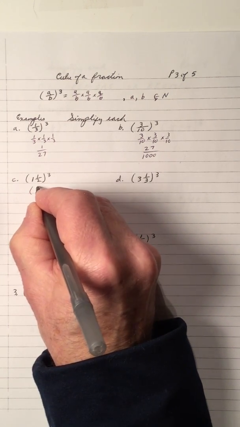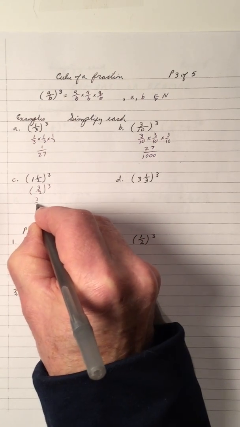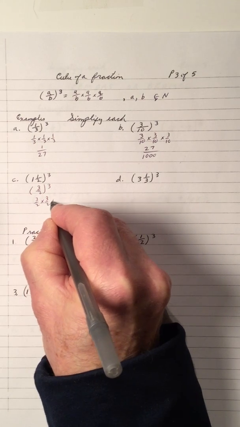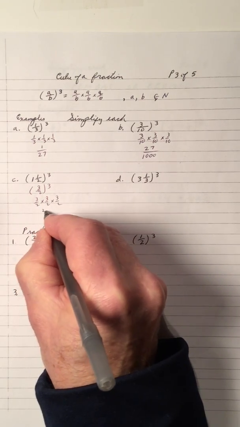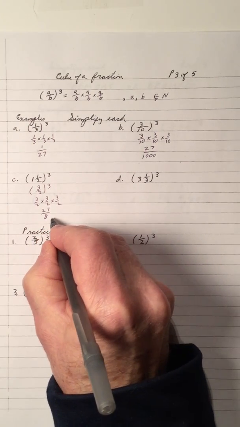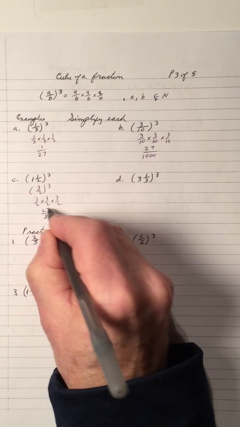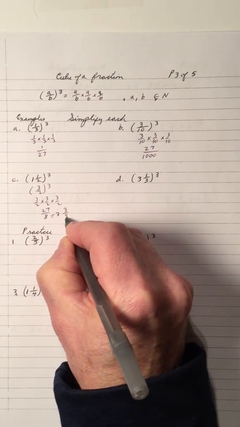So 1 times 2 plus 1 is 3 over 2 cubed. 3 over 2 times 3 over 2 times 3 over 2. 3 times 3 is 9 times 3 is 27 over 8. And what does that give us? 8 into 27 goes 3 times, and we get 3 left over.